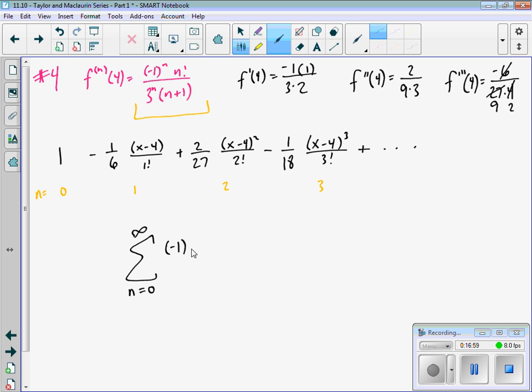That's going to go with every single term, because we put the nth derivative for that term in front of it. This right here. But then we need these pieces here. So then I need to multiply it by x minus 4 to what power?